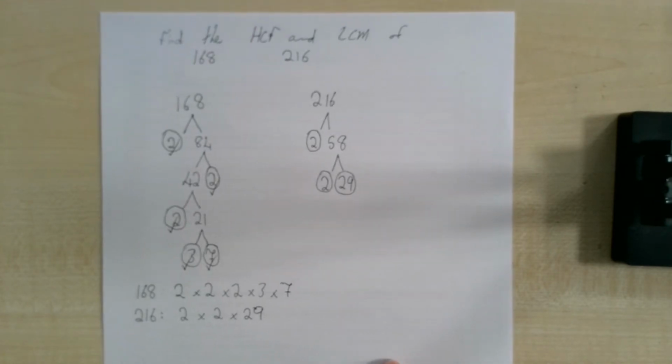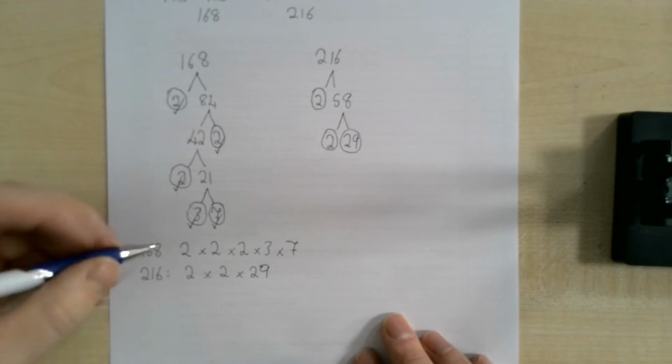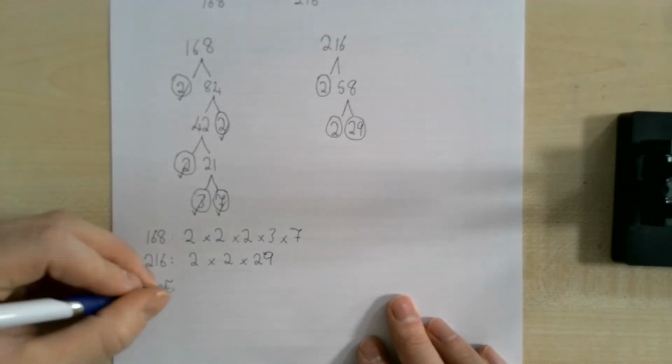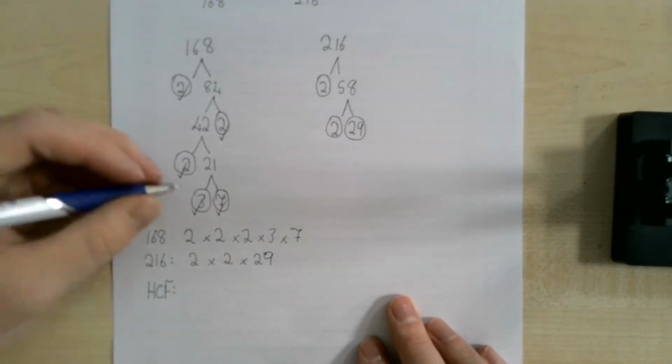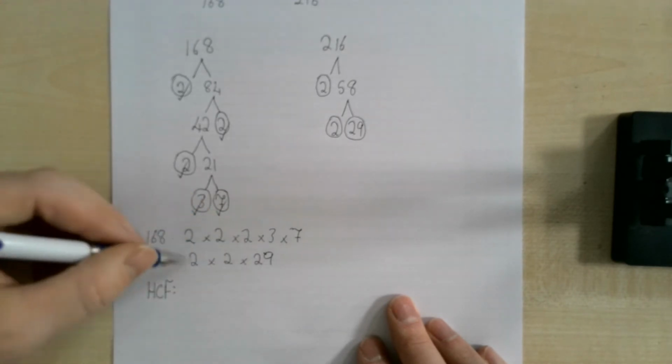We've been asked though to find the HCF and LCM of these two numbers, which we haven't yet done. Doing this will help us to do it. The first thing we'll always do is the HCF, the highest common factor. Find what's common to both of these numbers, so both lines.